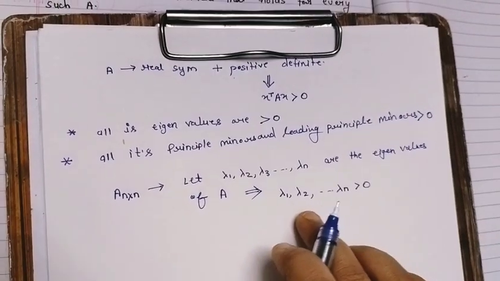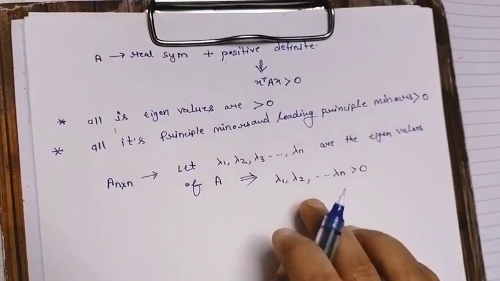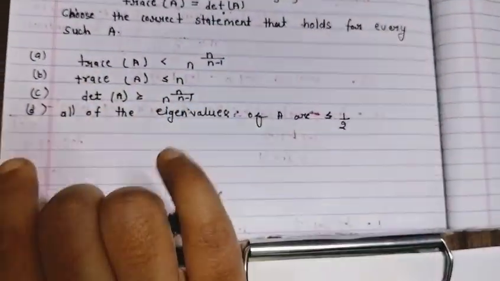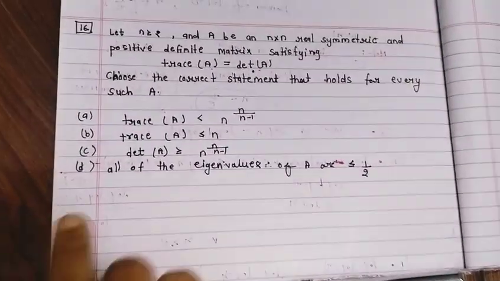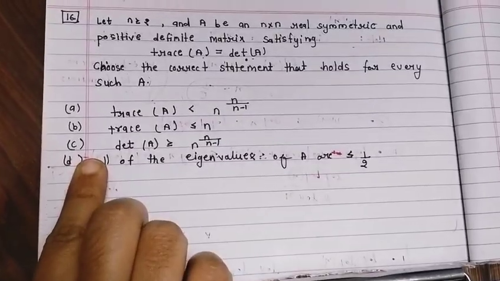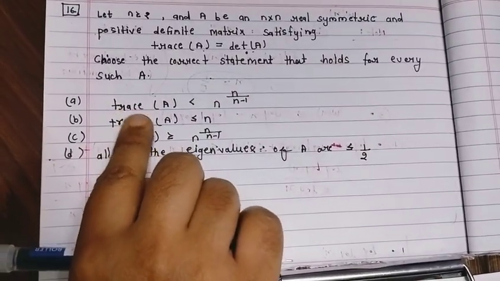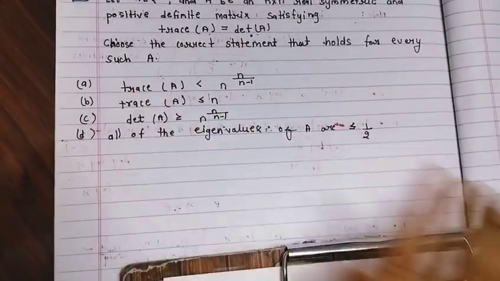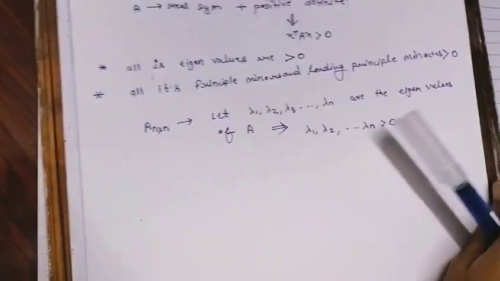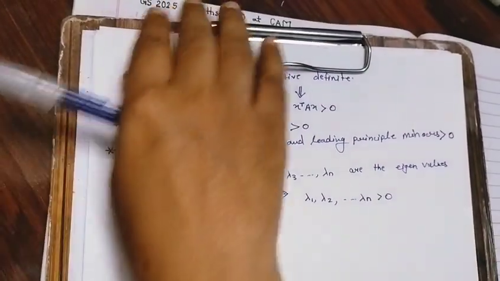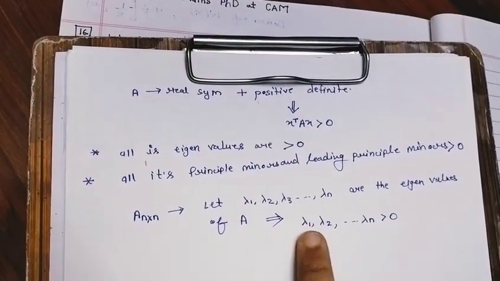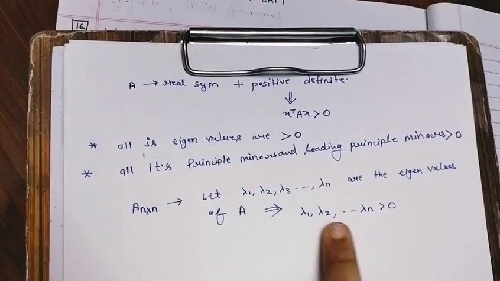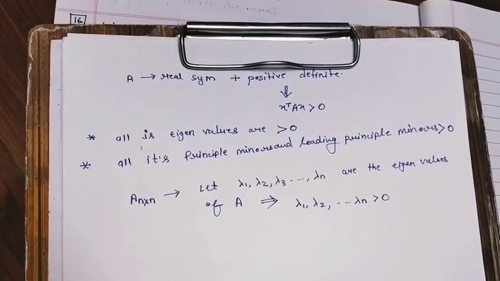So what we can do is apply the AM-GM inequality. First let's see in the option what they're asking about. It is given trace of A, determinant of A. So first we will see what is the trace of A and what is the determinant of A. Since A is positive definite, all eigenvalues of A are strictly greater than 0.